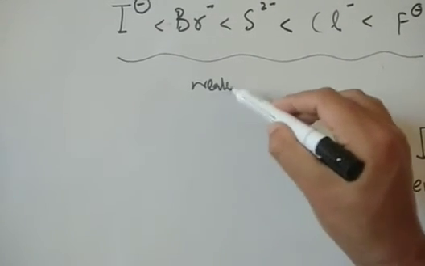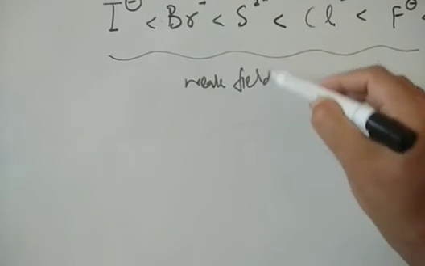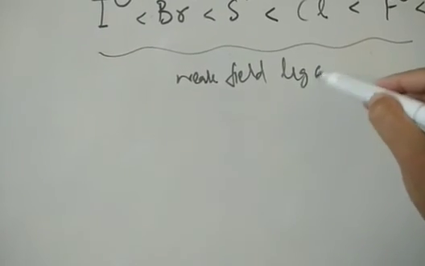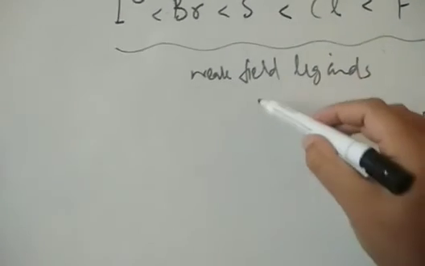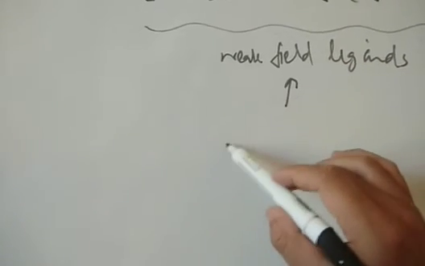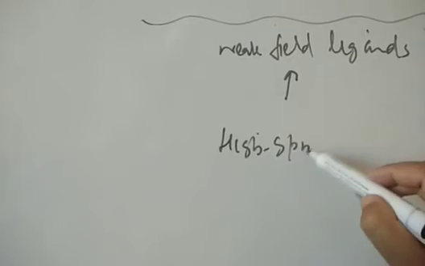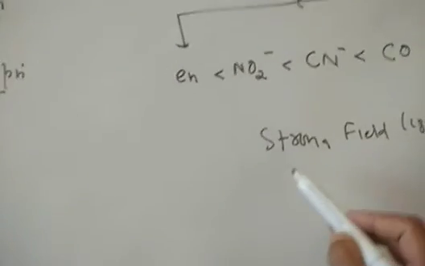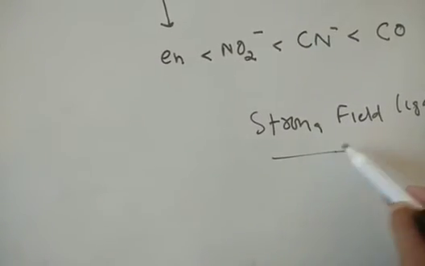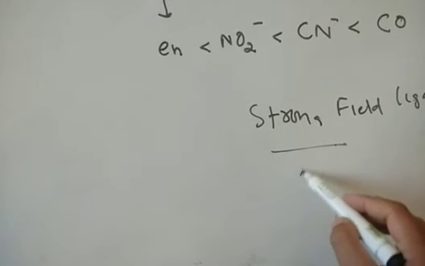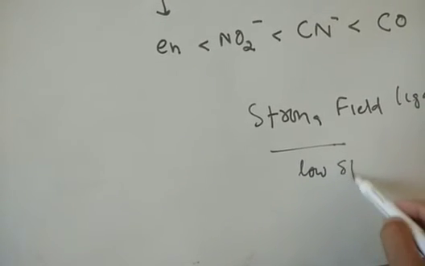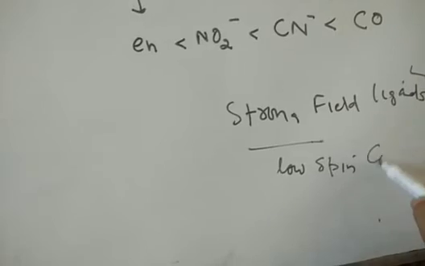When these are weak field ligands, their complexes will be high spin complexes. While the ones that are strong field will cause the pairing of electrons, so they will be low spin complexes.